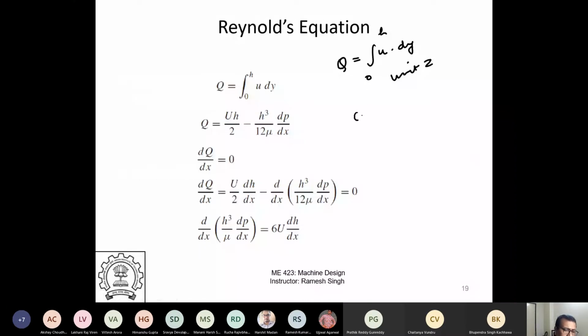This Q was the integral of u dy. We found out that Q is nothing but Uh over 2 minus h cubed by 12 mu times dp/dx. This is the pressure gradient.